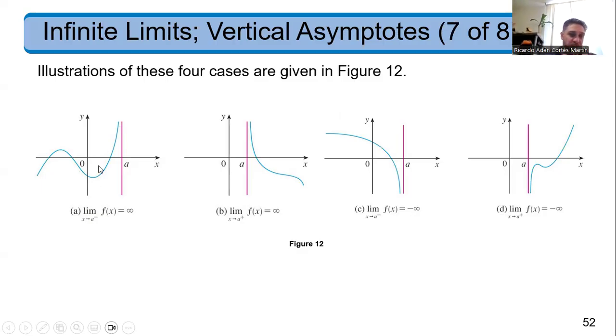A function that approaches infinity as x tends to a from the left. A function that approaches infinity as x approaches a from the right. A function that approaches minus infinity as x tends to a from the left, and a limit that is equal to minus infinity as x goes to a from the right side.